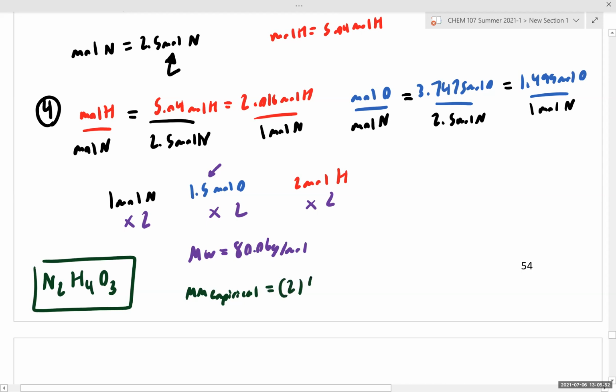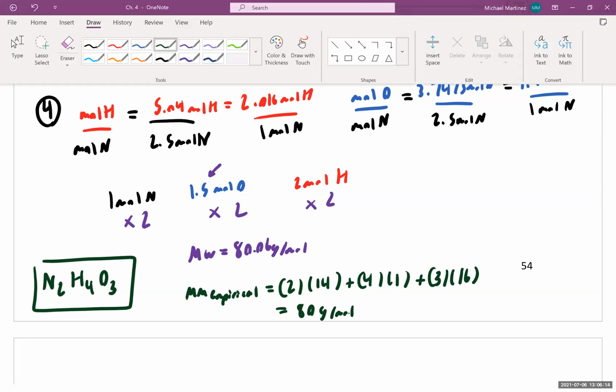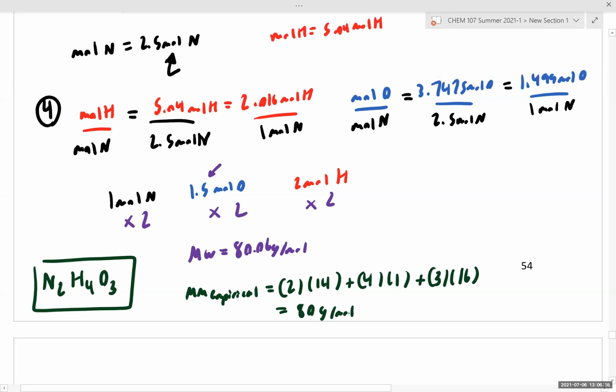The mass would be 2 times 14 for nitrogen, 4 times 1 for hydrogen, and 3 times 16 for oxygen, which gives us an empirical mass of 80 gram per mole. Thus, in this example, the empirical and molecular formulas are identical.